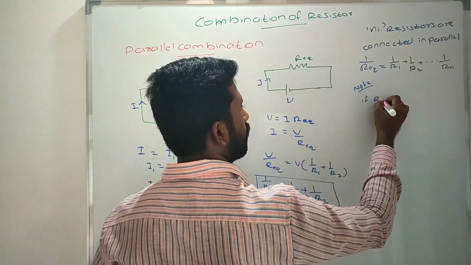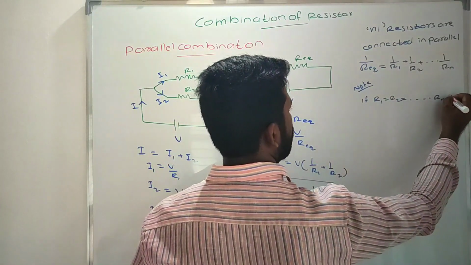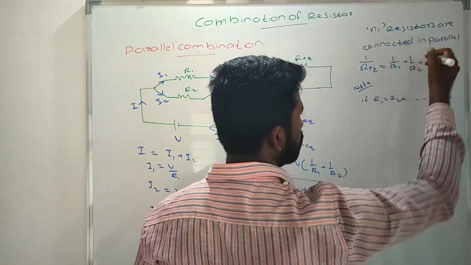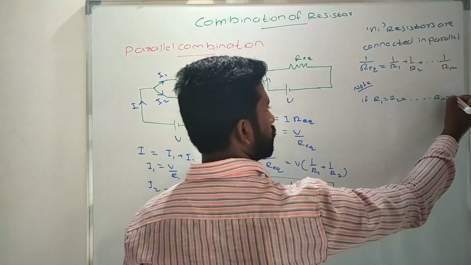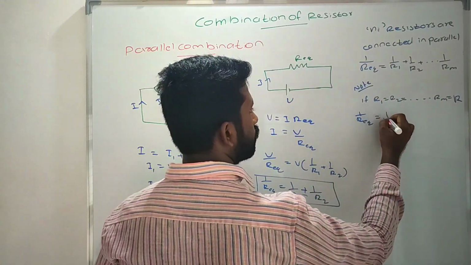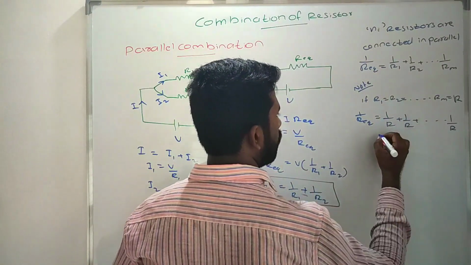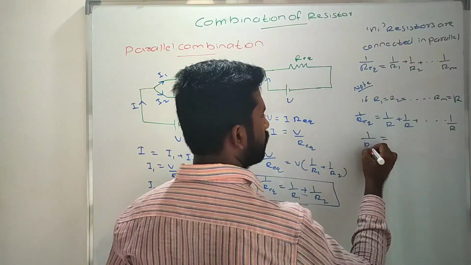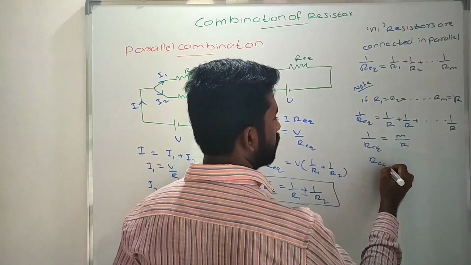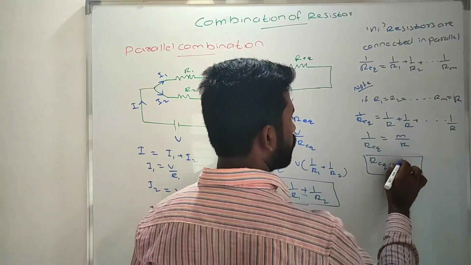If R1 is equal to R2 is equal to up to Rn, I am calling it R so that series and parallel are not confused. What do you get? 1 by R equivalent is equal to 1 by R plus 1 by R plus up to 1 by R, how many times? n times. So 1 by R equivalent is equal to n by R. What is R equivalent? R equivalent is equal to R by n.